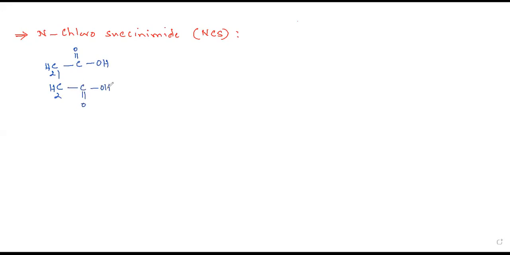Now, what is N-chlorosuccinimide? How is it prepared? Let's see. Same is the case with NBS. Now, we know that succinic acid is butanedioic acid. Now, when this butanedioic acid is treated with ammonia, let me take it this way for convenience.